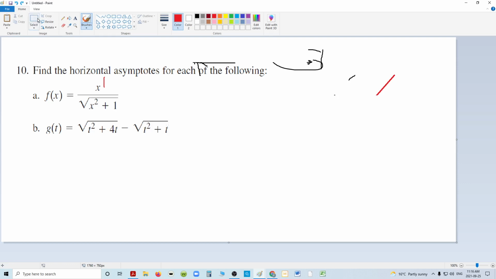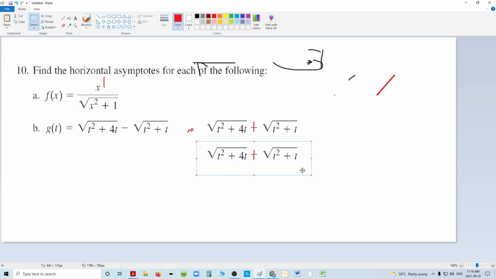Let's tackle this one first, just on a hunch. I'm going to multiply it by its conjugate. Which means the denominator is going to become this. And it's going to be the same graph.